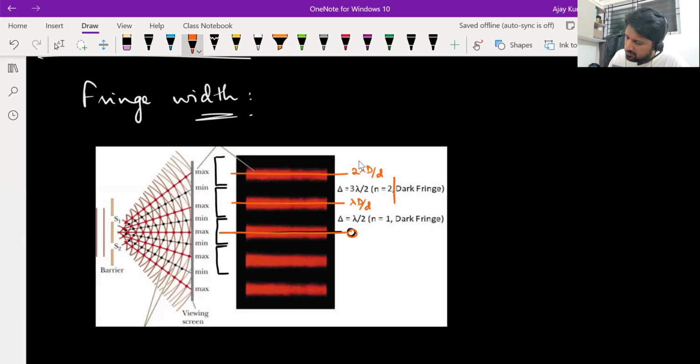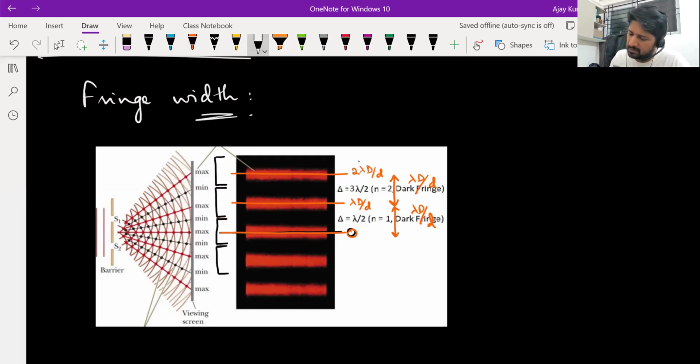What is the distance between two bright bands? For example, if you take the first maximum and second maximum, the distance between them is lambda capital D by small d. Similarly, the distance between the central one and the first one is also lambda capital D by small d. So the distance between successive bright bands is lambda capital D by small d.